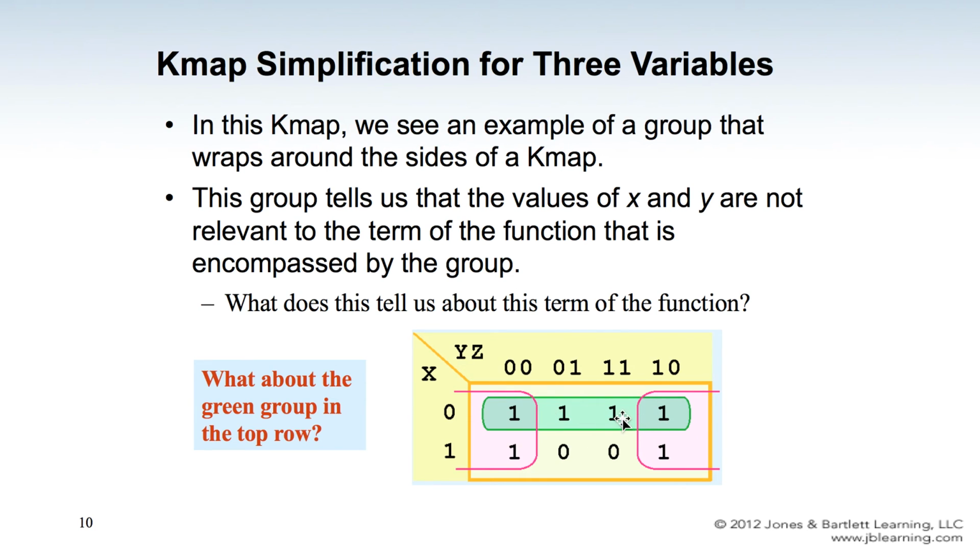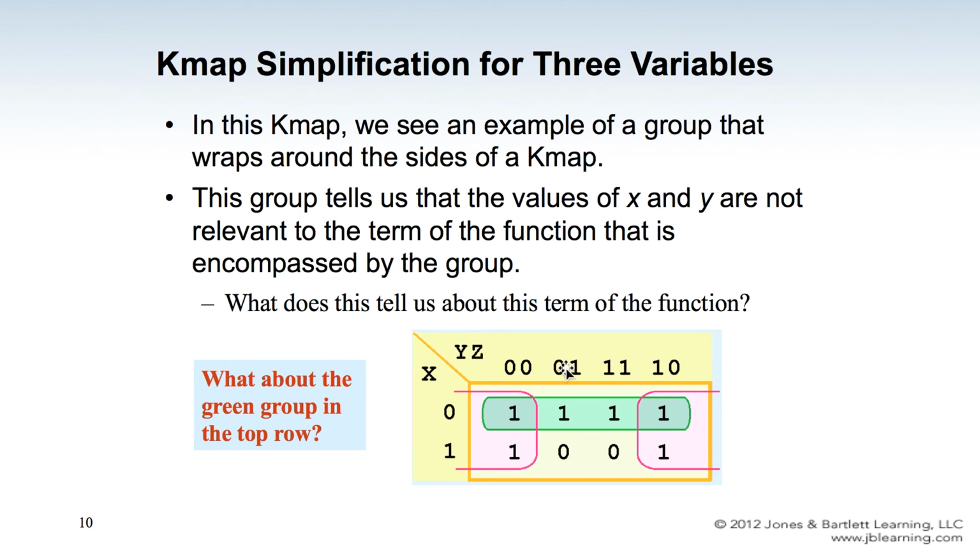From the first group right here, you can see that the value of x is equal to 0, and the values of y and z are changing. For example, y changes from 0 to 1, z changes from 0 to 1. So the first grouping right here, we can simplify into the value of x only.